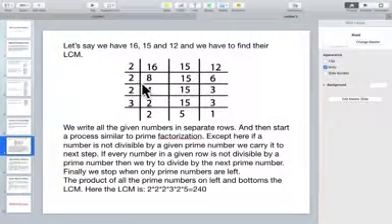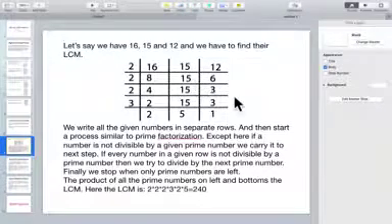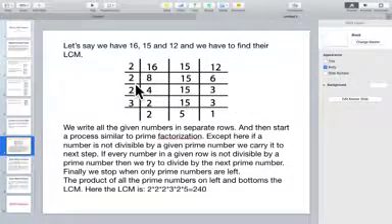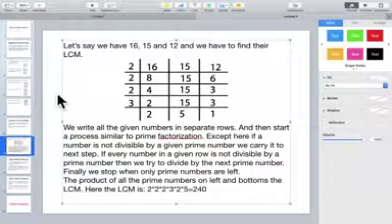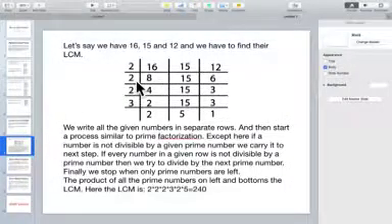Okay, so if a number is not divisible by a given prime number, we carry it without changing to the next level. So we repeat the step. We again see if 2 divides any of these numbers. So 2 again divides: 2 4s are 8, 2 3s are 6, and 15 is left, so we carry it to the next level. Then again 2 2s are 4.